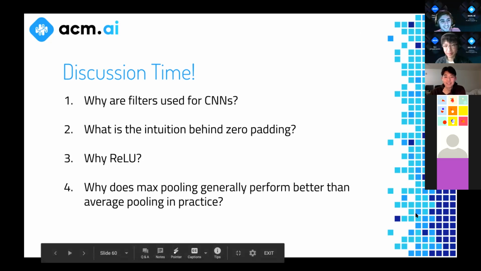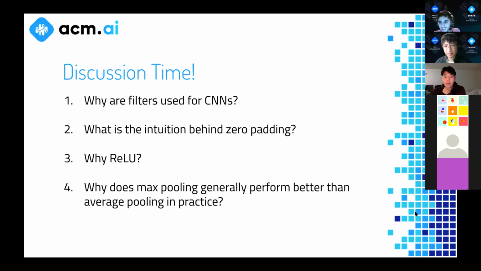Come on, just a quick one sentence answer. The filters are used to identify low-level features. Sure, awesome answer. Well, we'll take that.